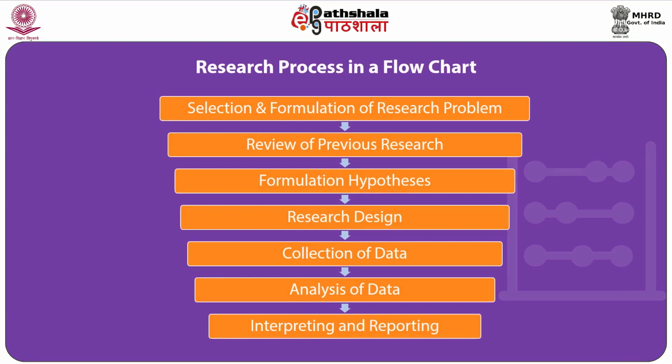The first one is selection and formulation of a research problem. The second one is review of earlier literature. The third one is formulation of hypothesis. The fourth one is research design, and the fifth one is collection of data, followed by analysis of data, and the last, 7th step is interpreting and reporting.